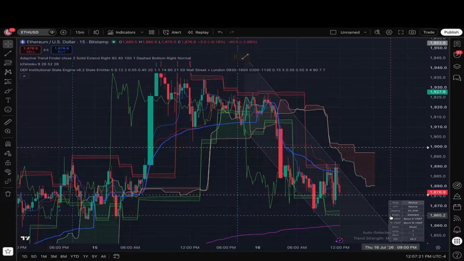This is a no trade zone between 1875 and 1892. We need to see something happen. The price needs to break above or below this particular range, and it needs to close. The candles need to close to give us some sort of sign of the potential path or direction.